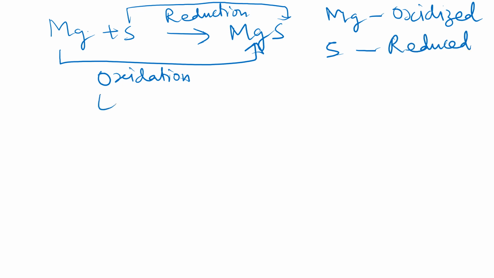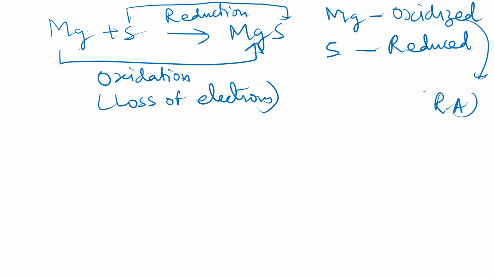There is loss of electrons from magnesium and gain of electrons by sulfur. As magnesium is helping sulfur to gain electrons by losing electrons, magnesium is your reducing agent. Sulfur is reduced, which means it helps in oxidation of magnesium by gaining electrons, so it's an oxidizing agent. That's how we find the oxidizing agent and reducing agent.